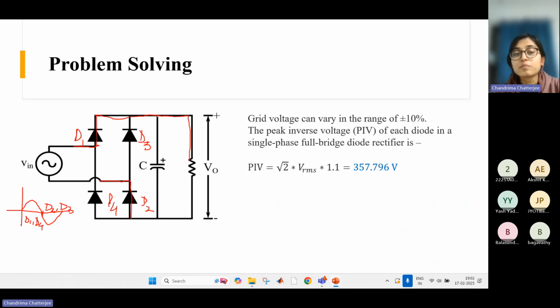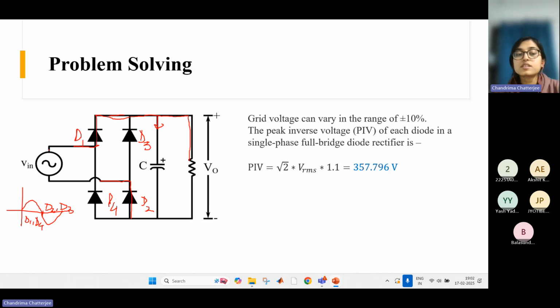And the capacitor current is also there. So now what will be the voltage that D3 and D4 have to block? Now they are reverse biased, right, during the positive half cycle. So they will have to block some amount of voltage. What will that be?